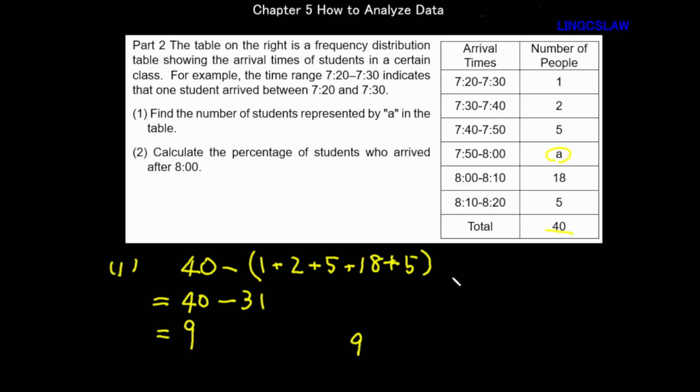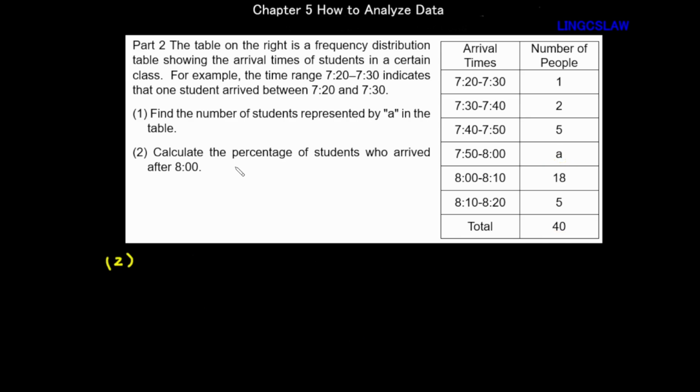Calculate the percentage of students who arrived after 8 o'clock. Before calculating the percentage, you have to calculate the number of students who arrived after 8. You can see 18 students arrived from 8 to 8:10, and 5 students arrived between 8:10 and 8:20.